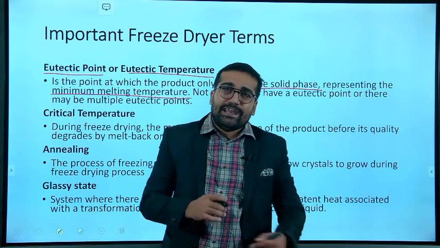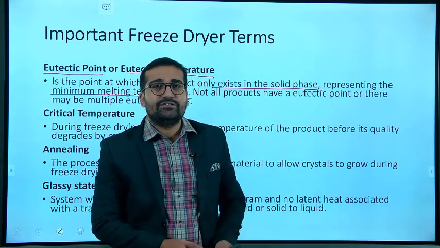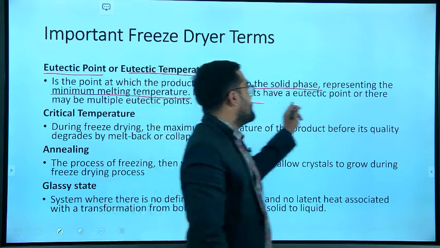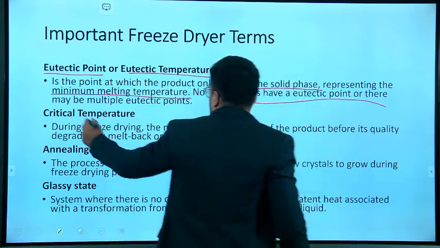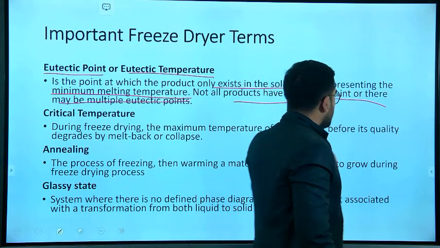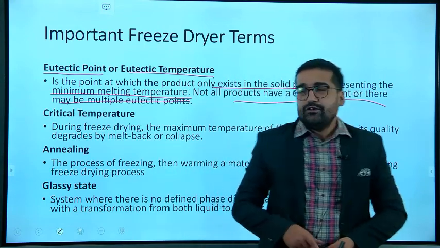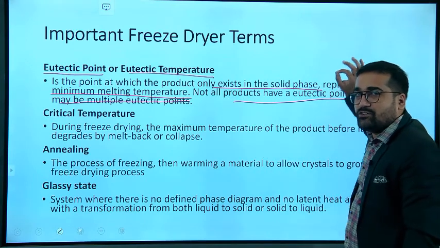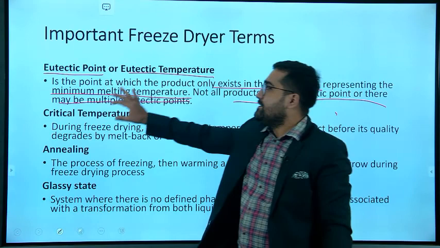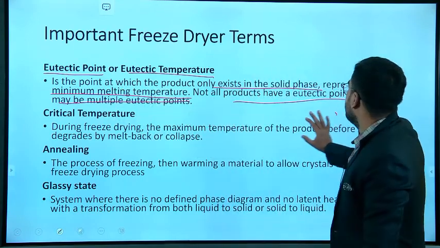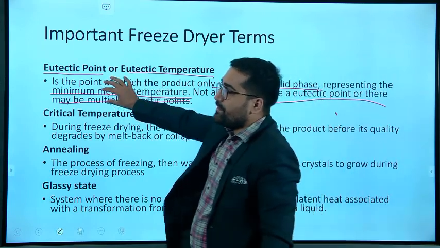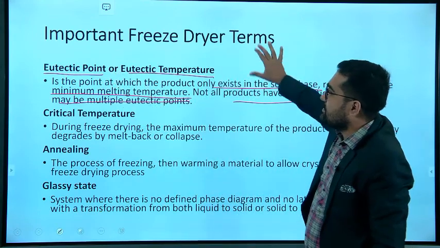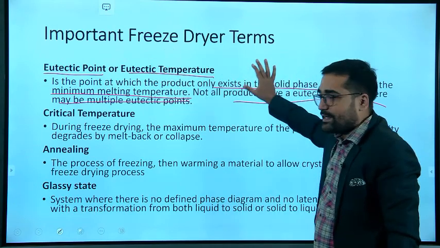A product can have a specific eutectic temperature or a different one depending upon the composition of the product, or multiple eutectic points or a single eutectic point. When the product is about to melt, and it's in a solid state, that is the eutectic temperature.